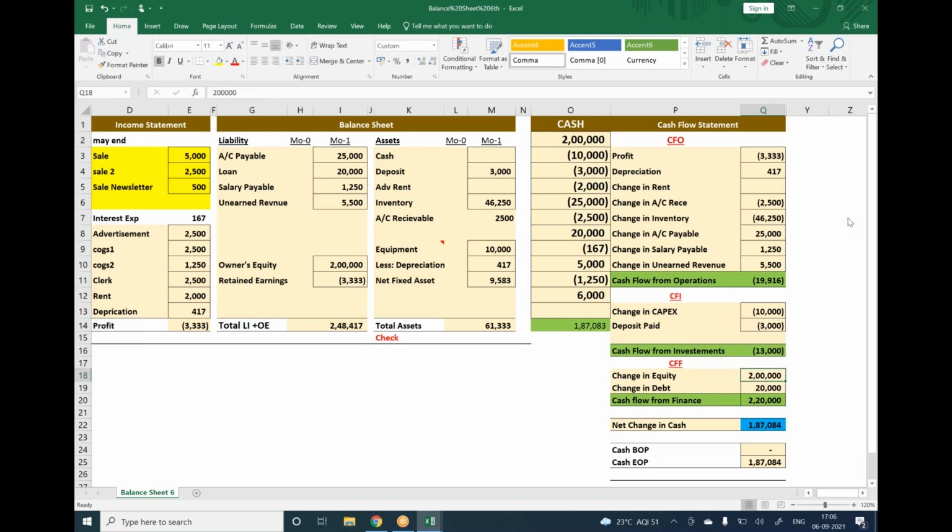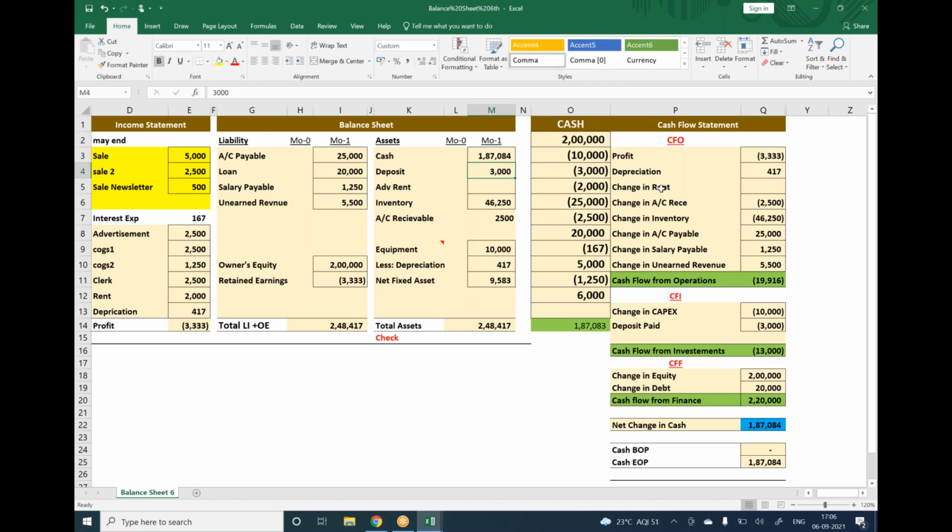Change in equity 2 lakhs. Change in debt is 20,000. Cash flow from finance. So BOP is 0, EOP will be BOP plus net change in cash, so it will equal your cash EOP. Enter. Your answer is matching.